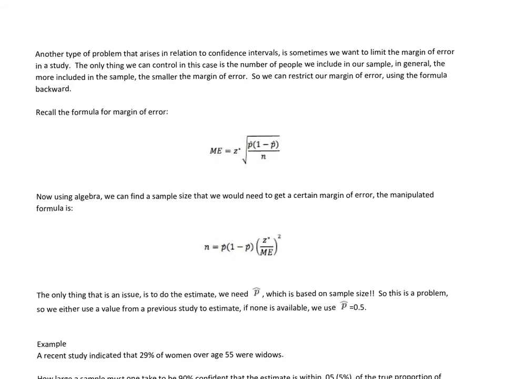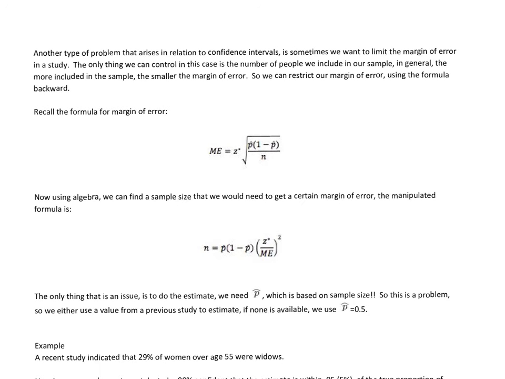Next, we're going to talk about margin of error a little bit more. So sometimes we want to limit the margin of error in a study. So when we do that, the only thing we can control is the number of people we would include in our sample. So the more people included in a sample, the smaller margin of error. So if we can restrict the margin of error, we can determine our sample size.